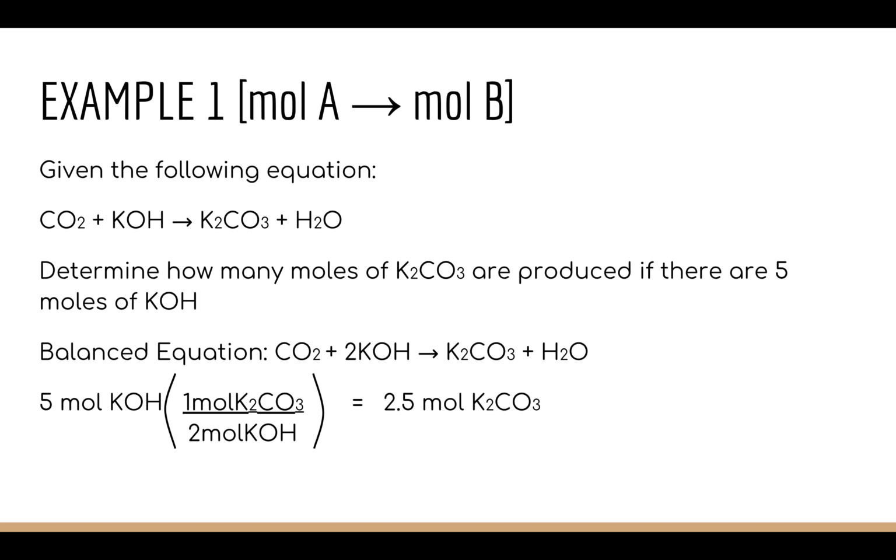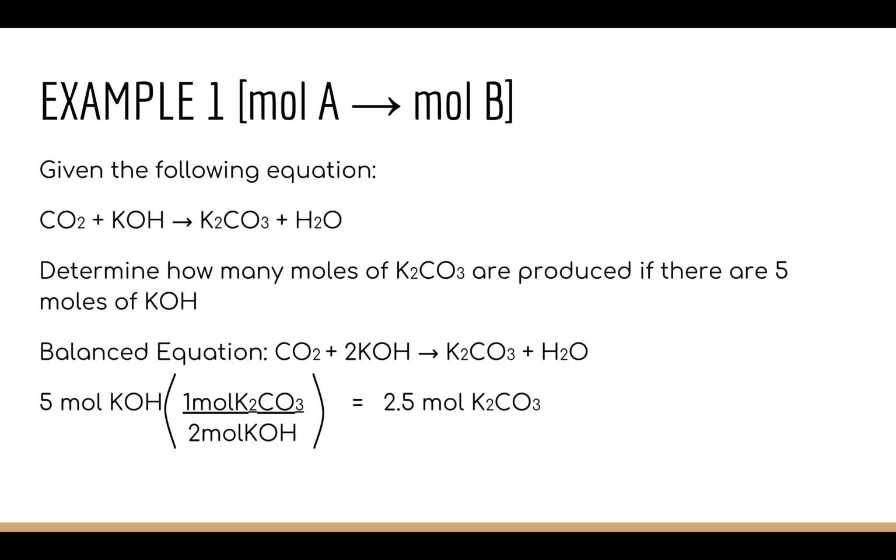In the original equation, we see that the number of potassiums do not add up. However, if we add a 2, or 2 moles of potassium hydroxide, we find that the equation is then balanced. This is our balanced equation.